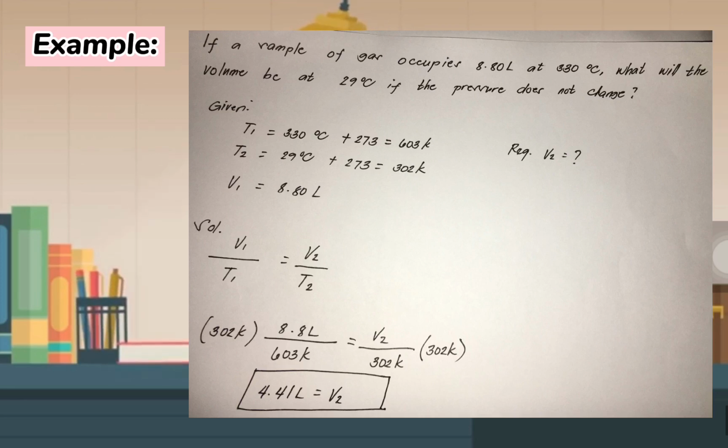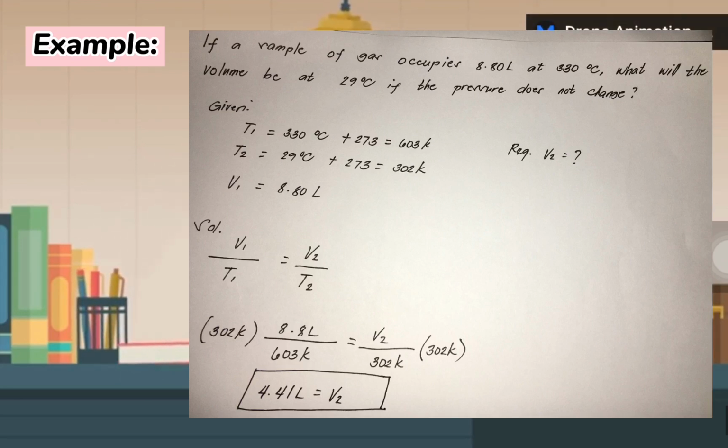So let us solve. Remember that we are finding our volume 2. Our formula will be V1 over T1 equals V2 over T2. So substitute, we have 8.8 liters over 603 Kelvin equals V2 over 302 Kelvin. To get the value of volume 2, we need to cancel 302 Kelvin.